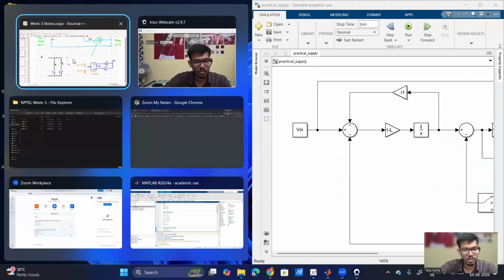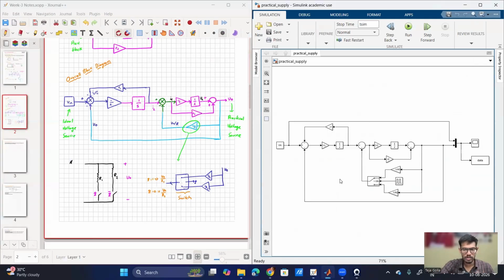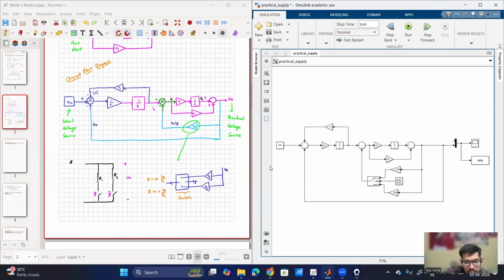I don't know whether both can be seen. So now you can correlate, right? So this is my Vin. Let us for the time being remove this, and then you check V1, then L1, 1 by L, then 1 by S, then I1 is being calculated, which is getting feedback as R1.